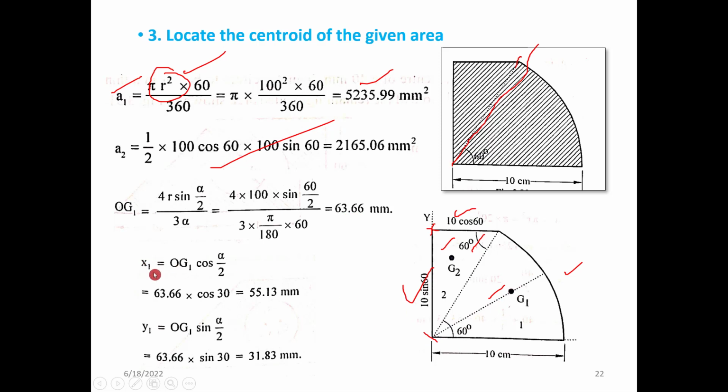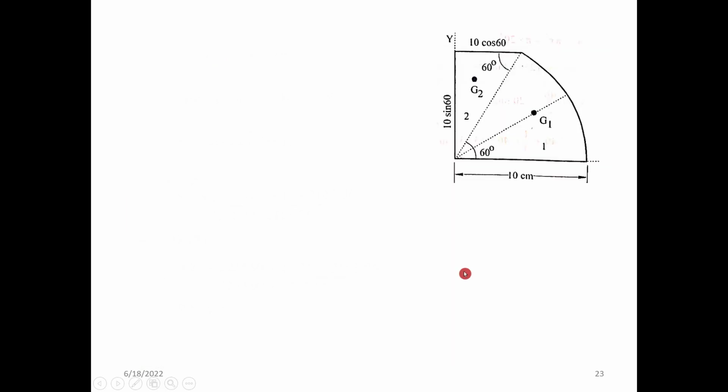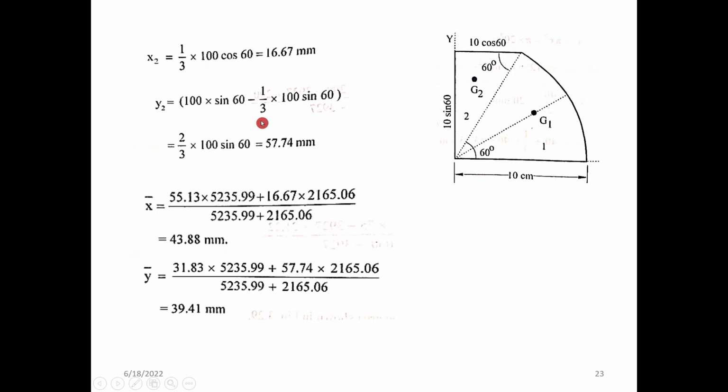We want to find the x1 as well as the y1 of this OG1 component. So x1 is equal to OG1 cos alpha by 2, which gives you the x bar component, and y1 is equal to OG1 sine alpha by 2 as the y1 component. And similarly we have the x2 and y2. These are for the triangular area.